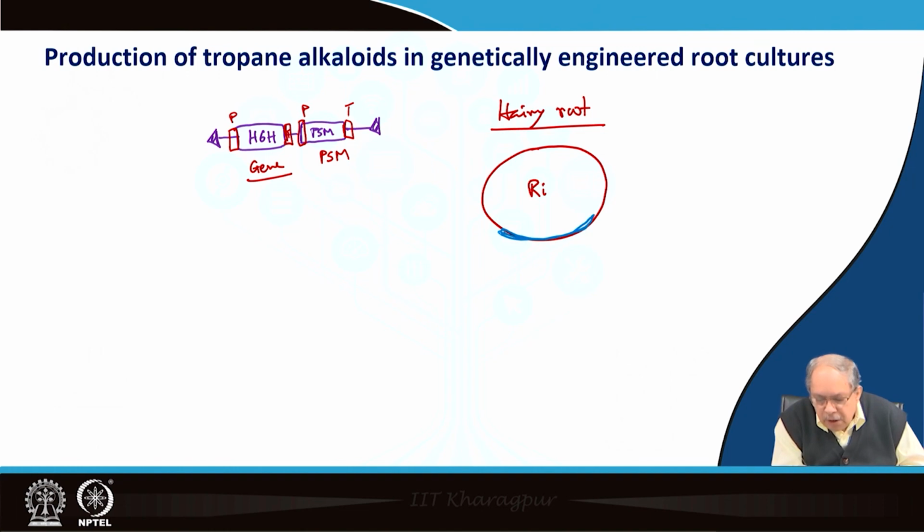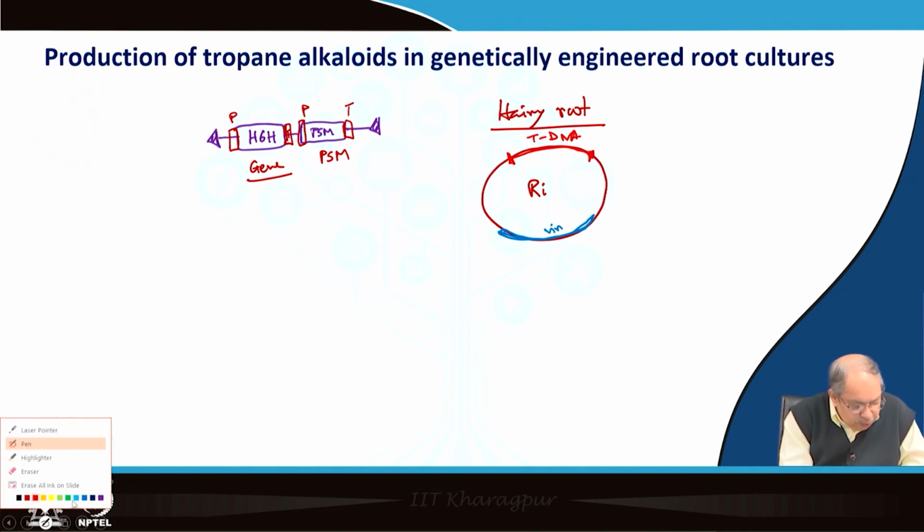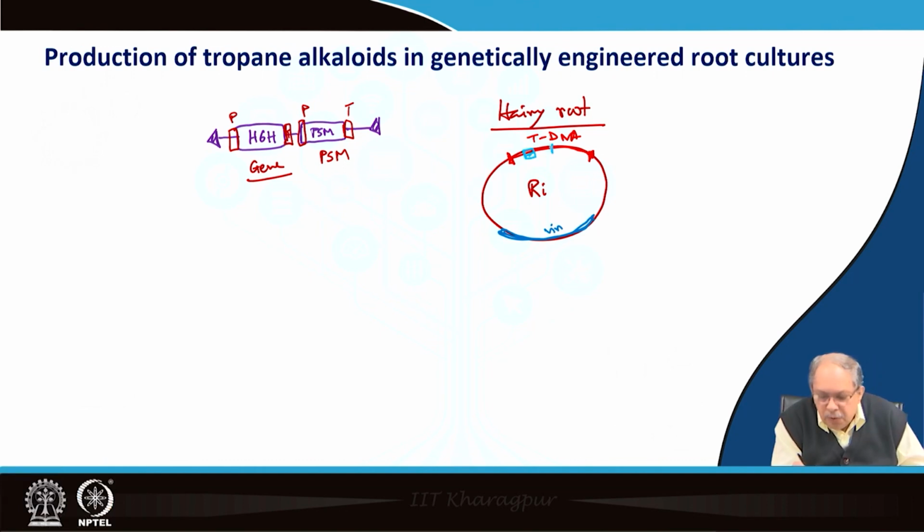Along with that, it has the main region of tDNA, where you have the genes for hairy root formation. Those are mostly the Rol genes and the genes for auxin synthesis.